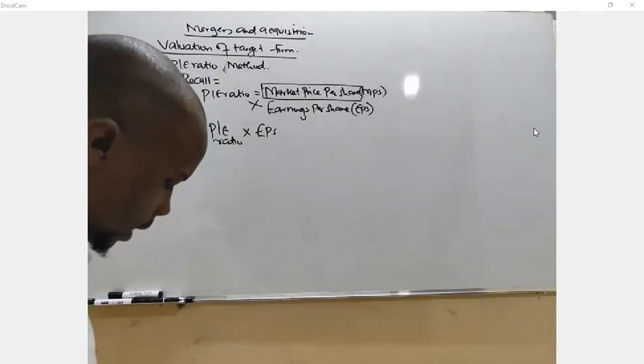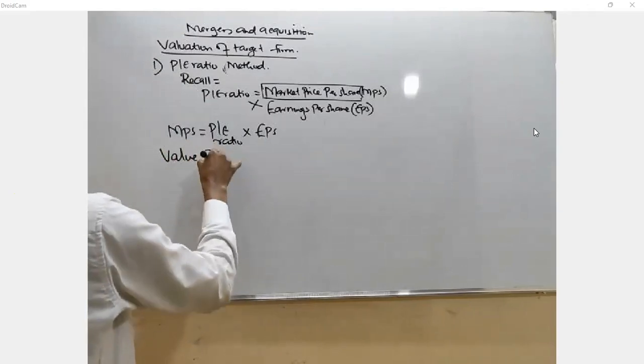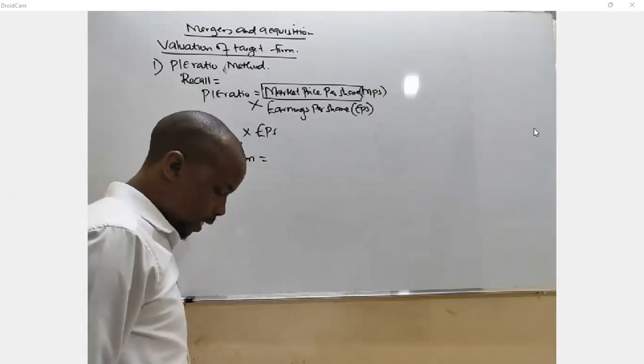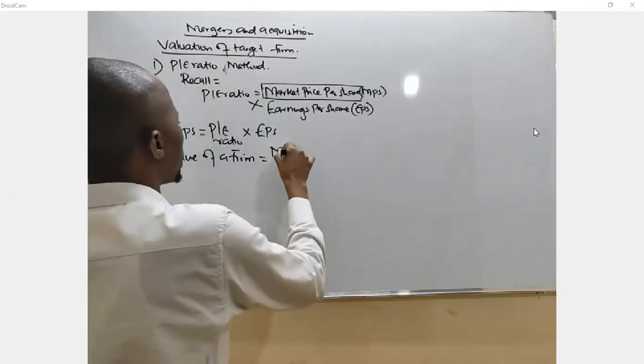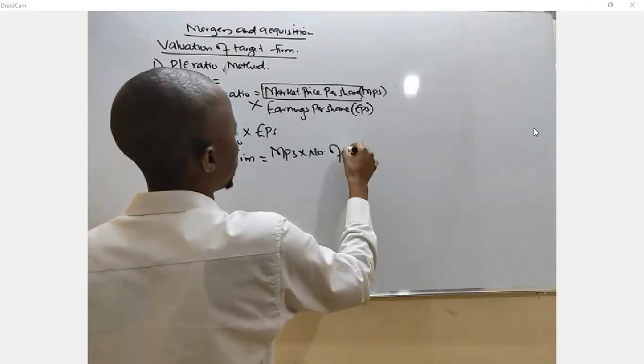Now, if I want to get the value of a firm, let us look at the market price of the share and multiply by the total number of ordinary shares.